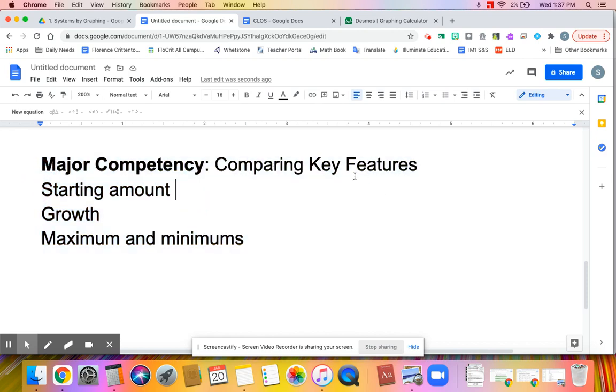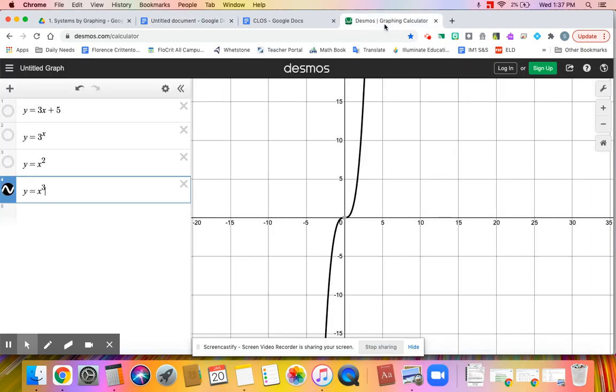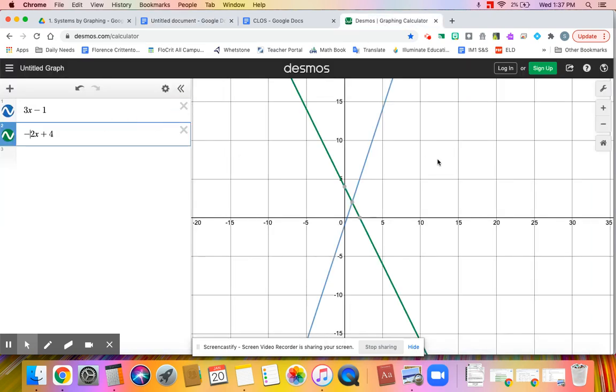So that's something else that you can compare within situations and graphs. And they want you to not only be able to find these things, but then compare them to each other. For example, if these were my 2 graphs and I was comparing them to each other, the green one starts with more. At 0 time, it's up here at 4. Versus the blue one at 0 time is down here at -1. So I would say the green graph started with more than the blue graph did.